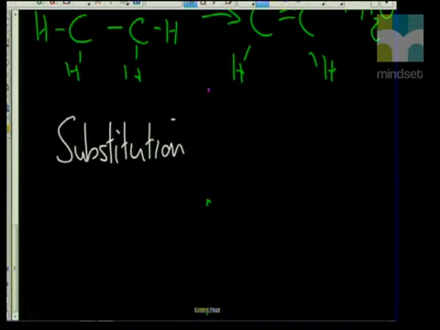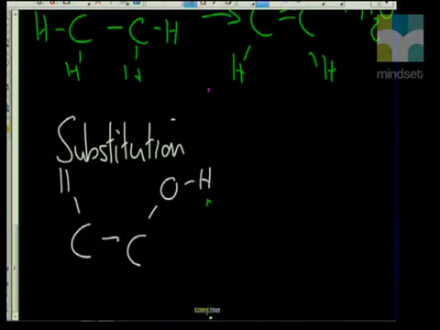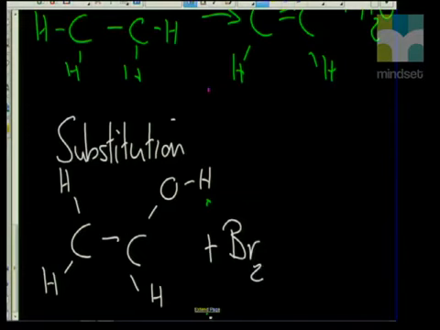And we could take something and simply replace it. So we could take something like, let's use another one. Take an alcohol and let's react that with something like bromine, and in its place we could get something like the bromide.